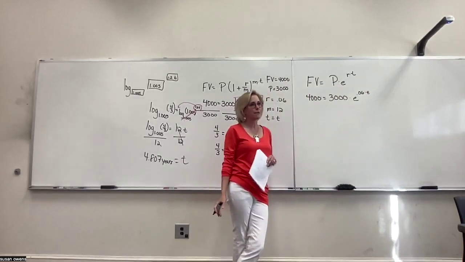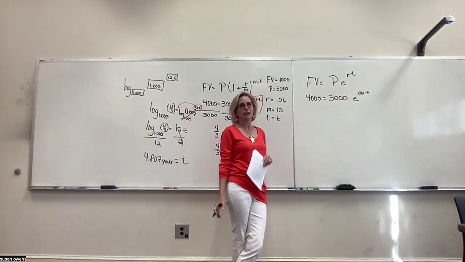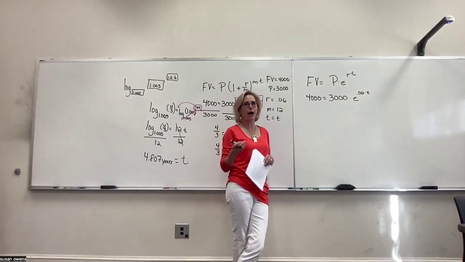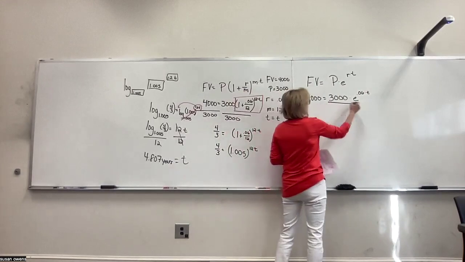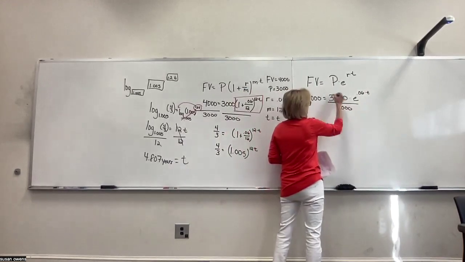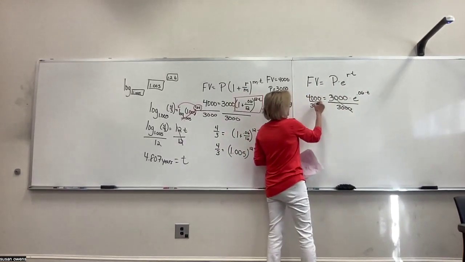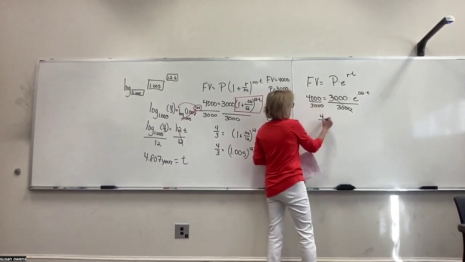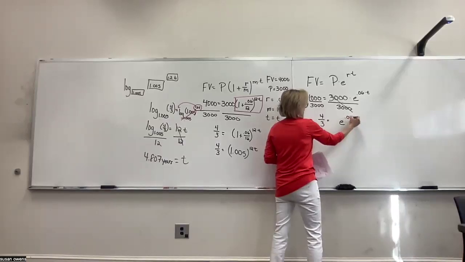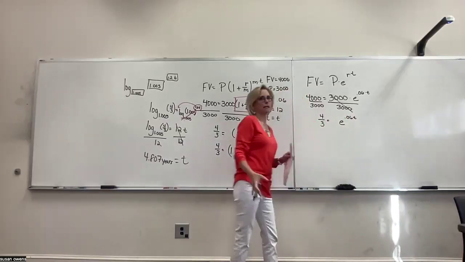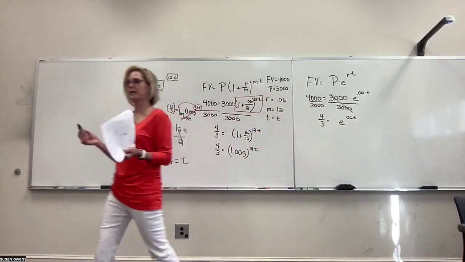Okay, start off the same. Isolate the exponential. The exponential is the e to that power. So we're going to divide both sides again by that 3,000. Four thirds is equal to e to the 0.06t. Okay, I've isolated the exponential.